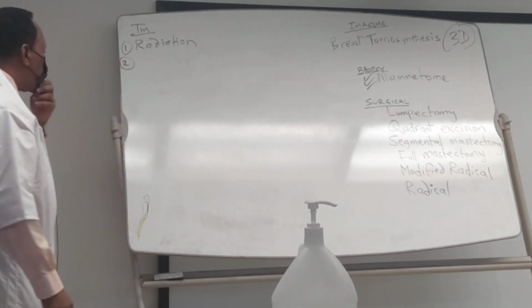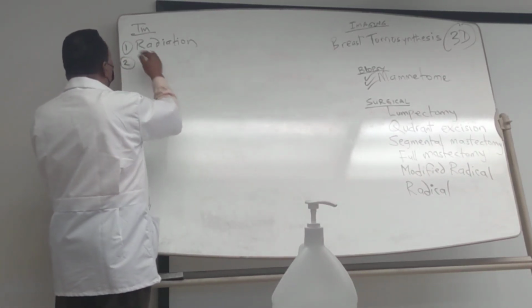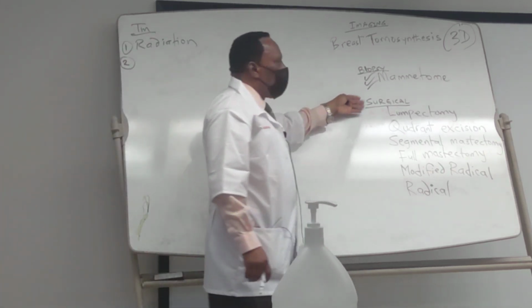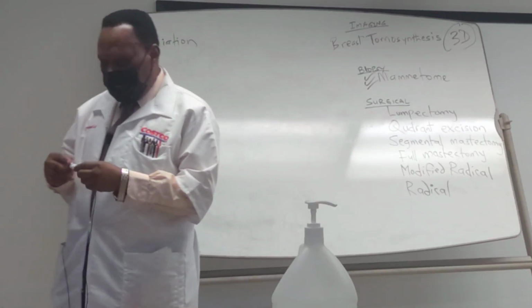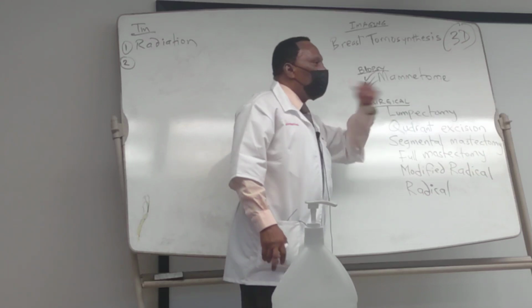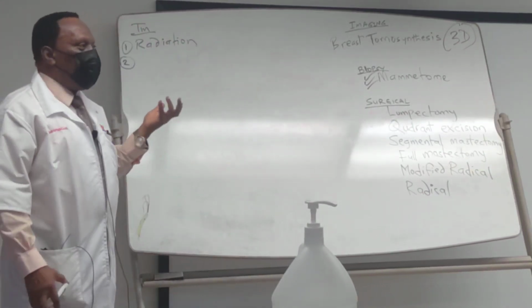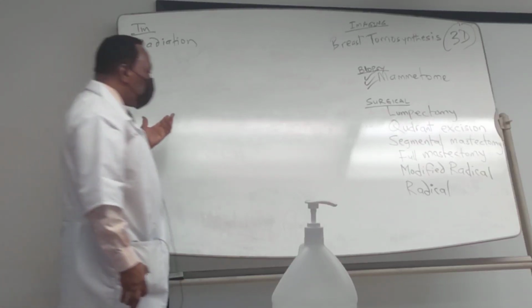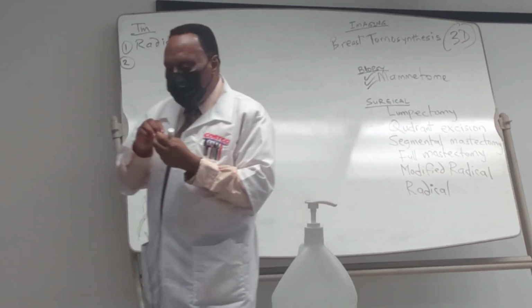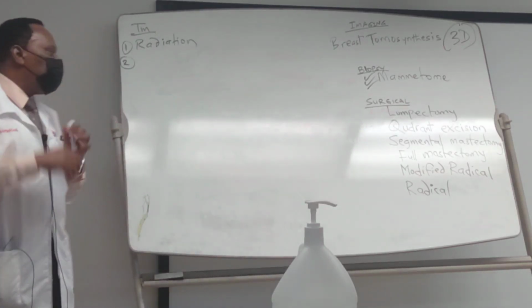And then two, you can use the surgical method. For the surgical method, of course, you can have just a lumpectomy. So just that little lump is excised or taken off. Or you can use quadrant excision, where you take off a little more than that lump, maybe surrounding tissues.